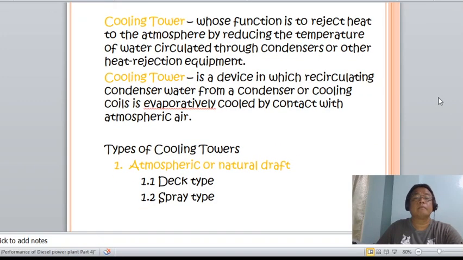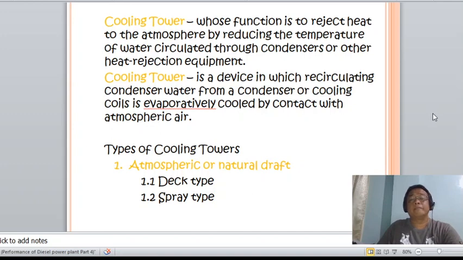A cooling tower's function is to reject heat to the atmosphere by reducing the temperature of water circulated through a condenser or other heat rejection equipment. It is a device in which recirculating condenser water from a condenser or cooling coils is evaporatively cooled by contact with atmospheric air.